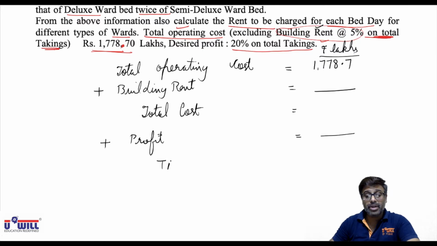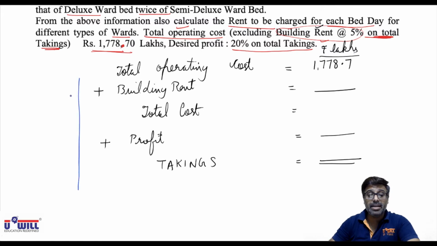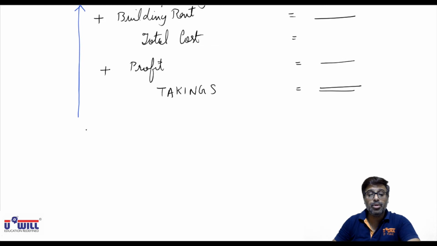So this type of workings we used to do in hotels chapter where building rent was like overheads. So now if you go reverse, then you can find the amount of building rent as well as profit. How will you go reverse? Suppose takings is equal to 100.